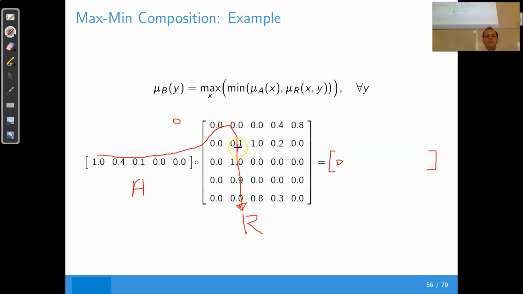The minimum between 0.4 and 0.1 is 0.1. The minimum between 0.1 and 1 is 0.1. The minimum between 0 and 0.1 and 0.9 is 0. The minimum between 0 and 0 is 0. The maximum of this column is 0.1. And so on. You perform it in this way by computing.